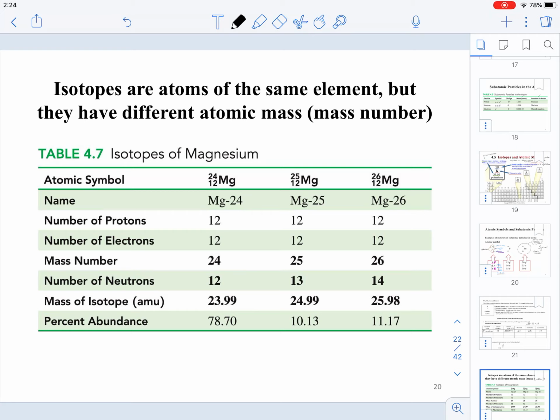Now let's talk more in detail about isotopes, okay? So when it comes to isotopes, these are going to be atoms of the same elements, but they have different atomic mass, meaning different mass number. So the reality of isotopes is that they come from the idea that if a sample is taken from nature, earth, something around us, and we are looking for a particular element, we're going to see how we have different versions of magnesium.